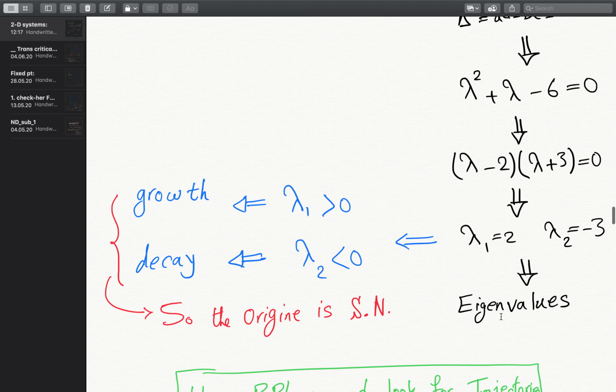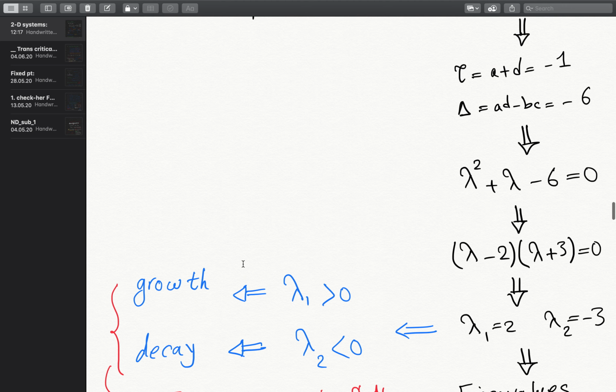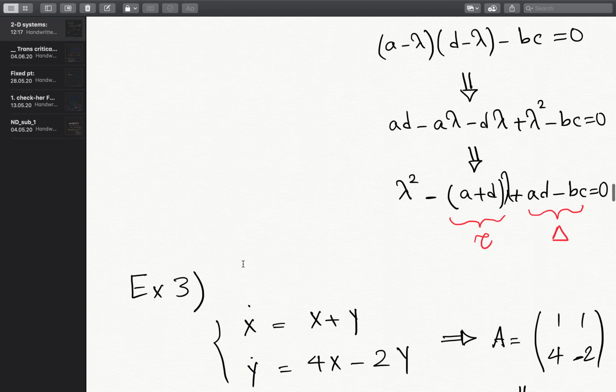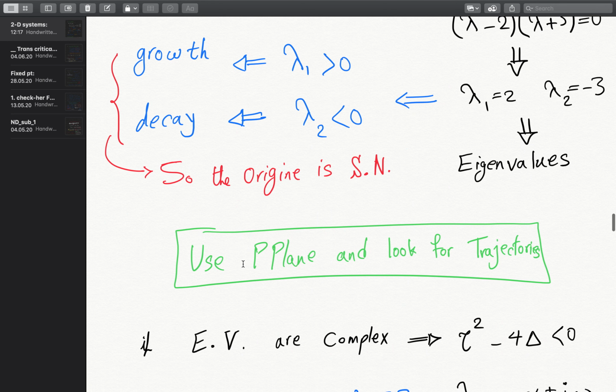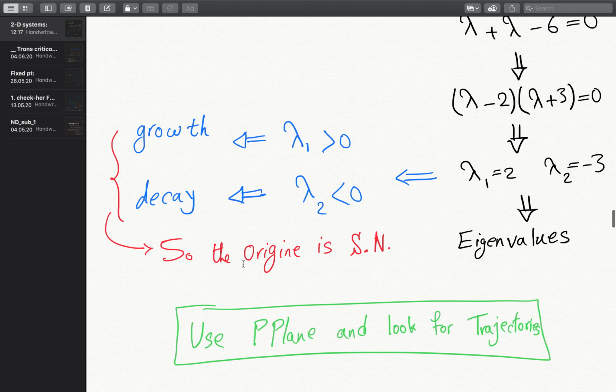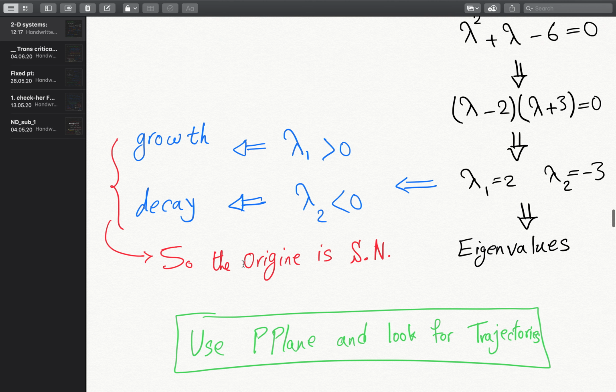These are my eigenvalues, and therefore for the positive values of our eigenvalues we have growth, and for the negative values we have decay. We have growth and decay, which is coming from those e to the power lambda t.